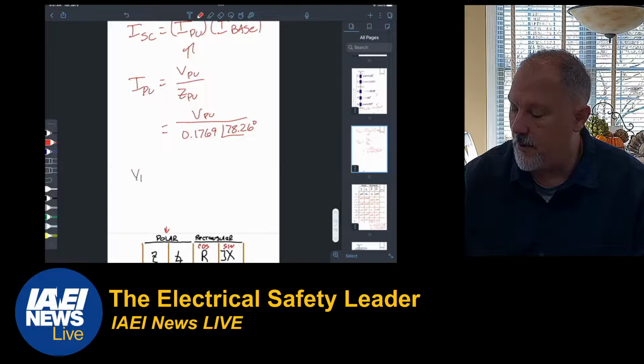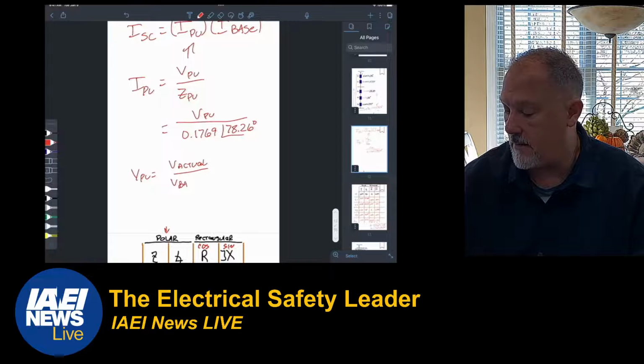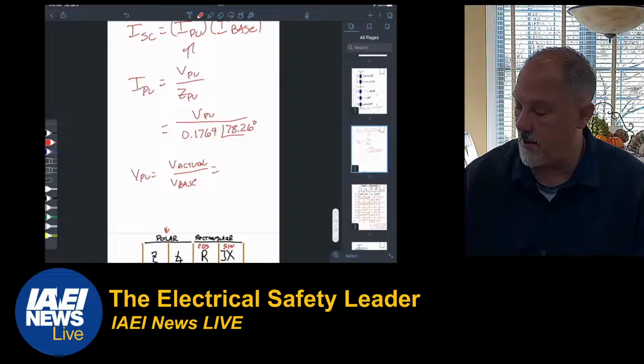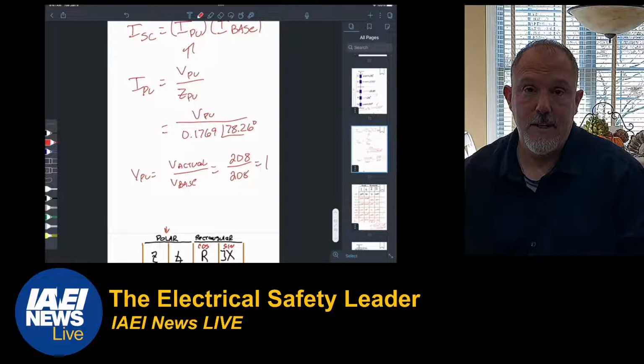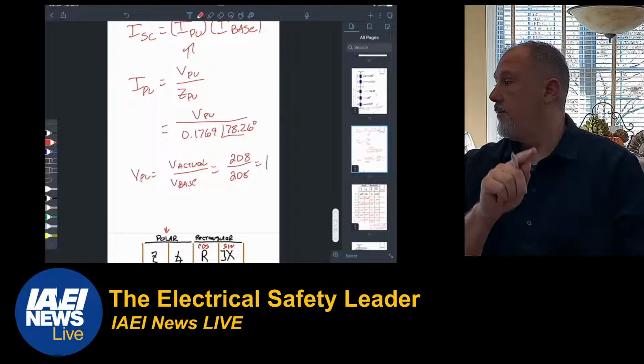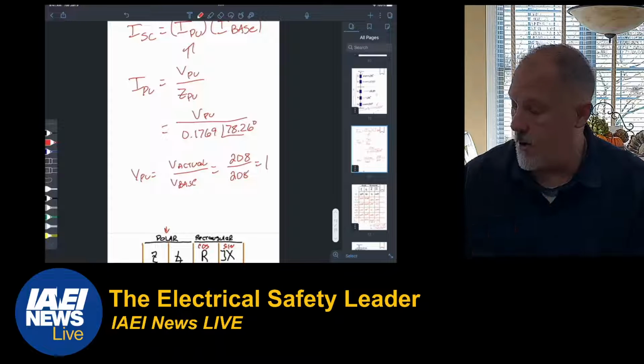So V per unit is equal to V actual over V base, which is 208 over 208, equal to 1. So my voltage per unit is 1.